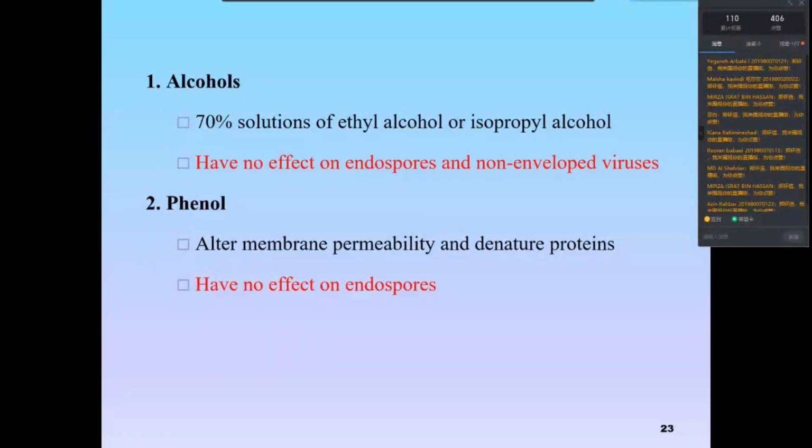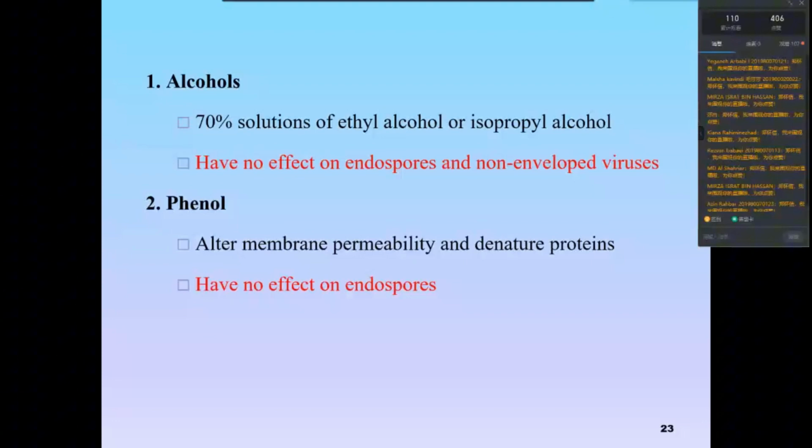There are different types of chemicals we can use for sterilization and disinfection. The first one is alcohol. This includes different types of alcohols like ethyl alcohol, the alcohol in wine and liquor, and also isopropanol.